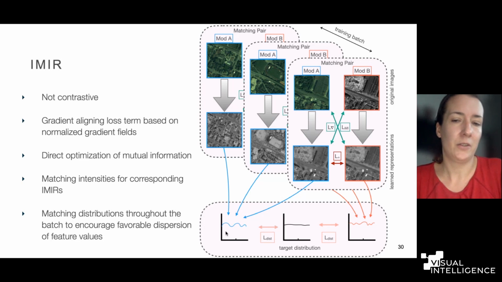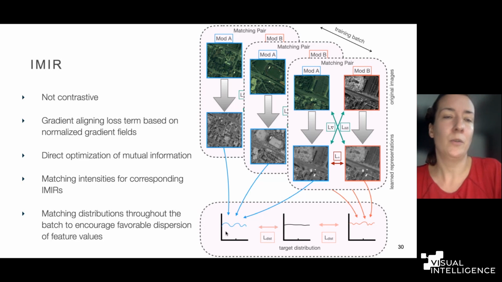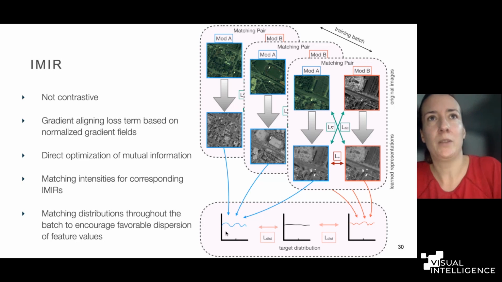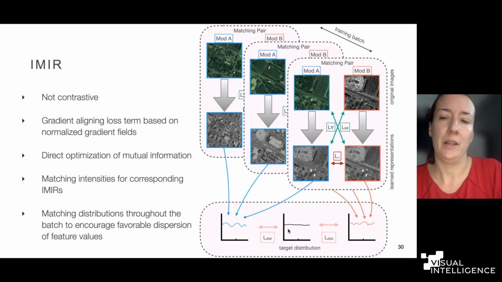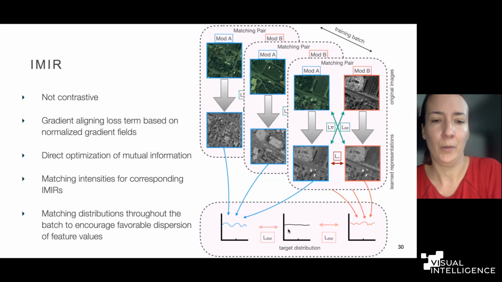So in our initial studies now, it's basically a uniform distribution to spread the pixels out, the features out a bit, to retain more detail. But we hope to work some more on maybe matching the distribution of the original modalities, but that's still ongoing work.